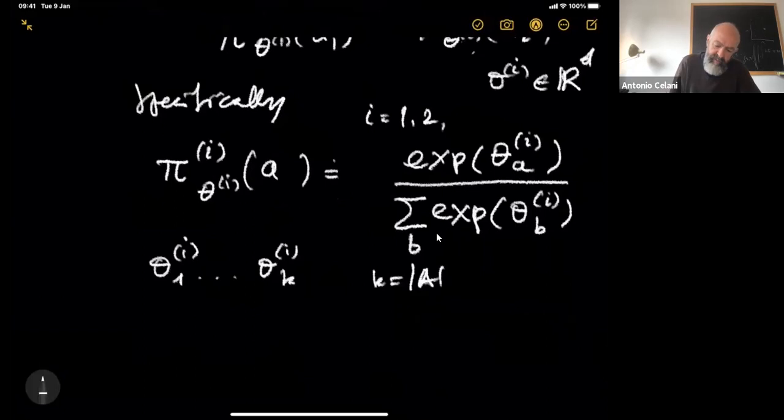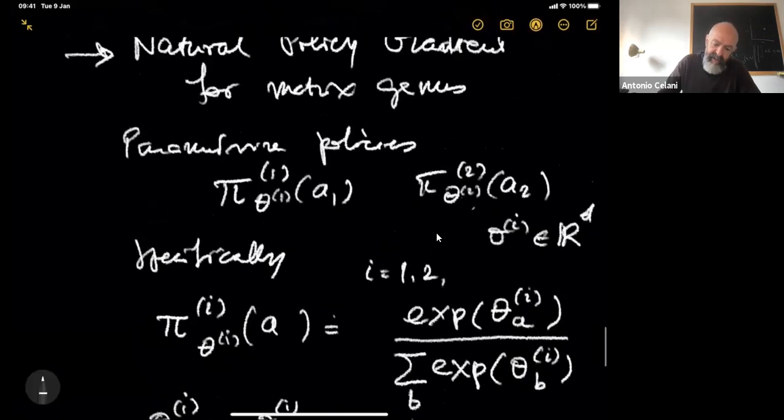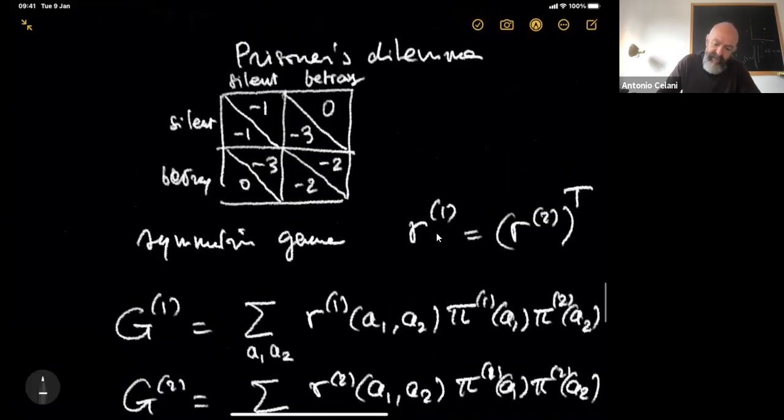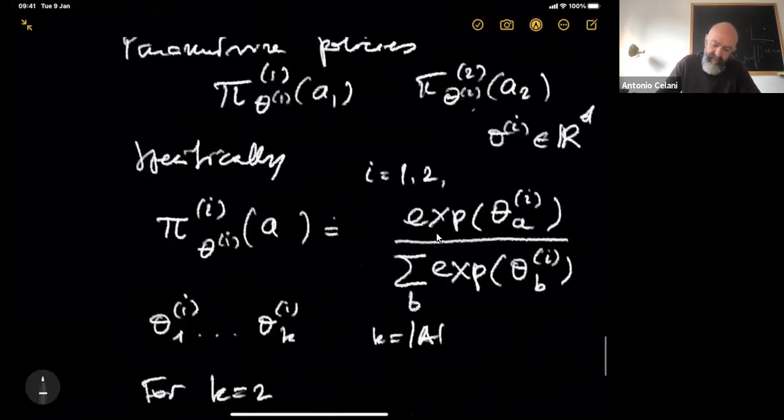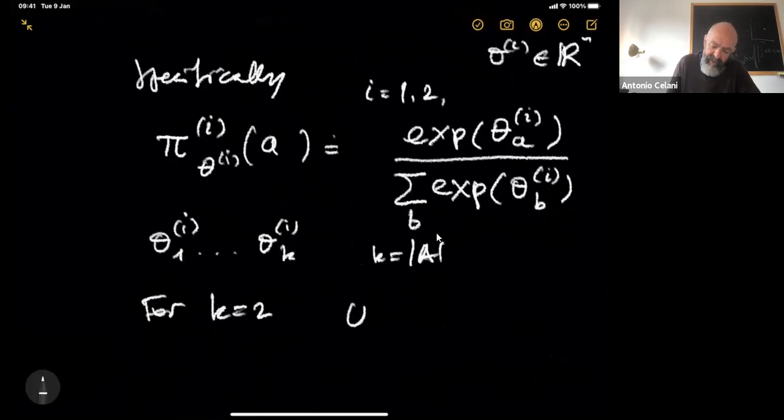So let me be even more explicit. For k equals 2 actions, which is the square game that I had here, for this kind of games, I would have theta for agent 1, parameter 1, theta for agent 2, parameter 2.